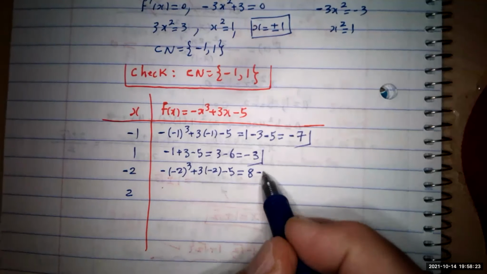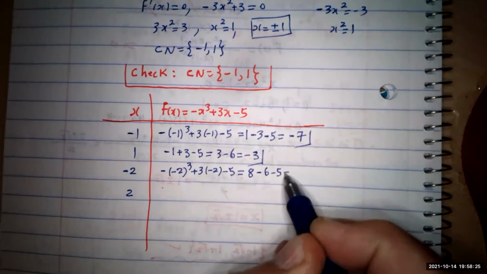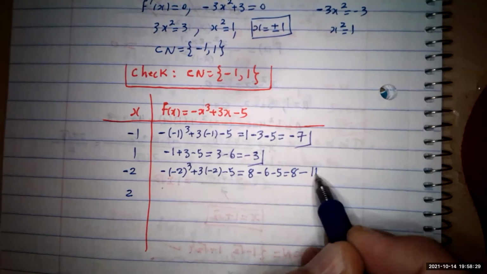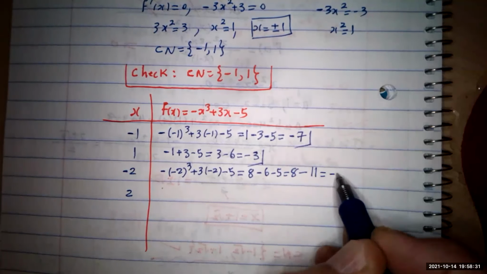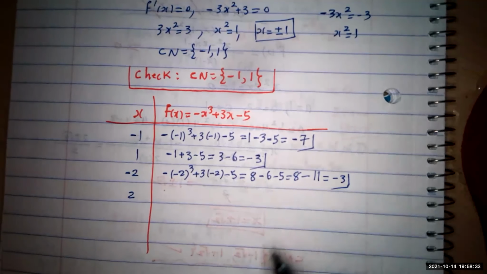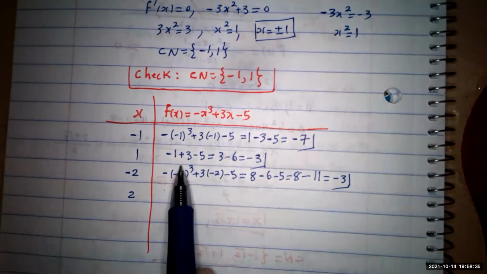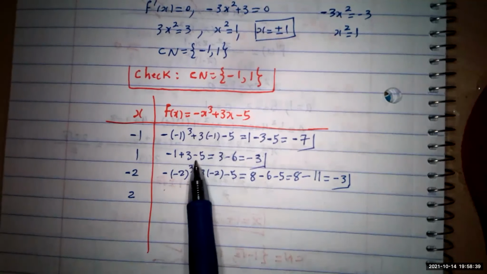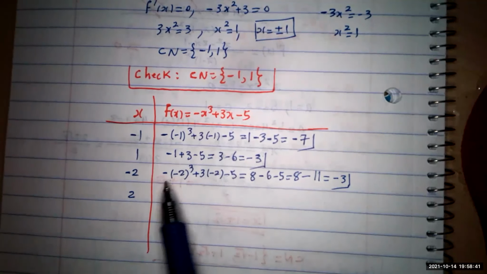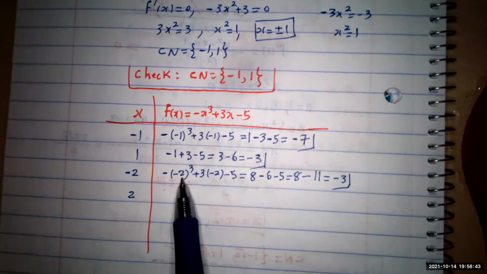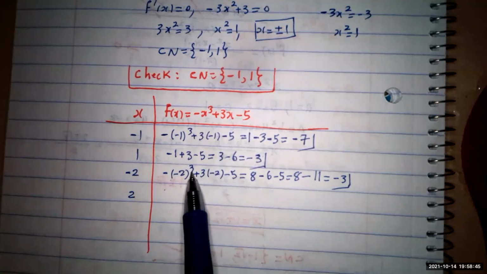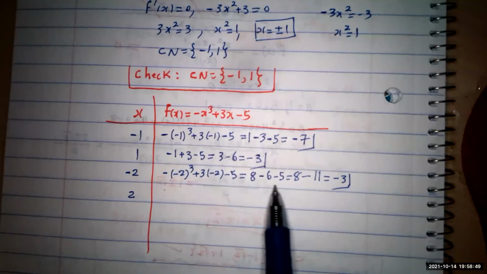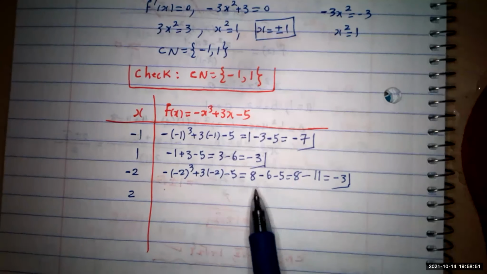It's going to be -6 minus 5. So it's going to be 8 minus 11, which is -3 again. Okay, I just double check this. It's -1, 3, and 5. Yes, that's the case. We put the -2 here. -2³ would be -8, negative, positive. And that gives us the same thing.